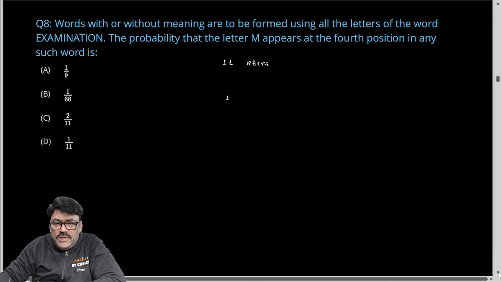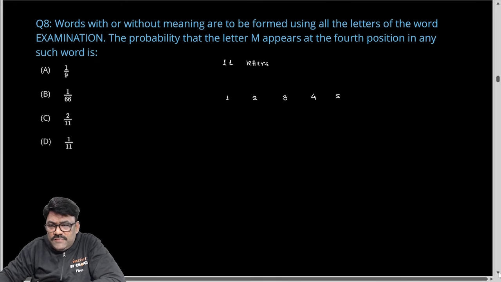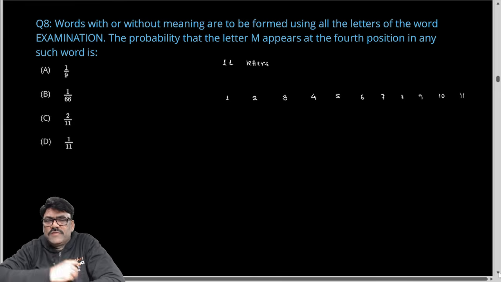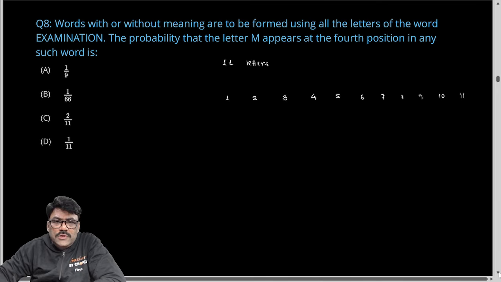And these 11 letters are arranged randomly at these 11 places. But what you want, the letter M appears at the 4th position.